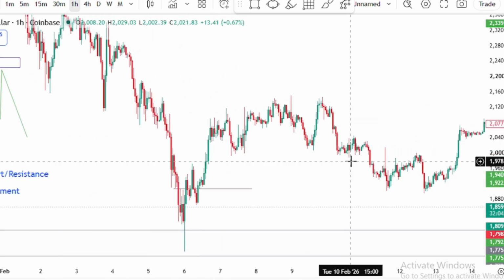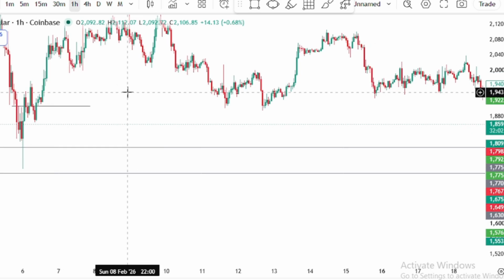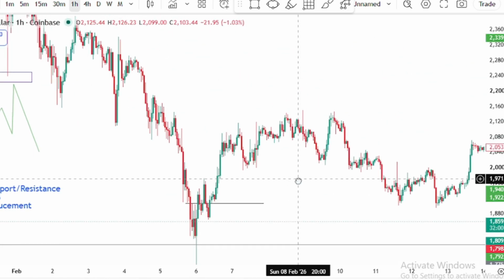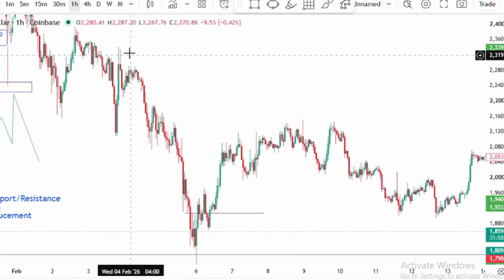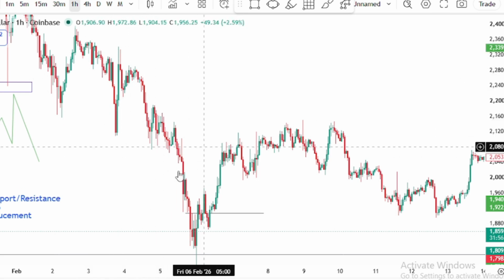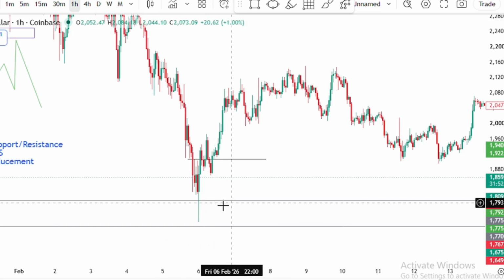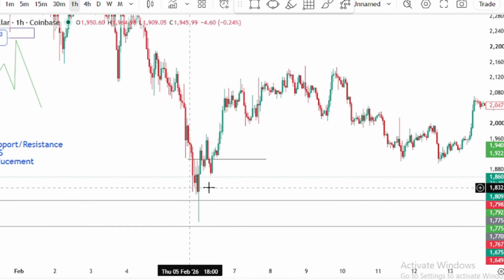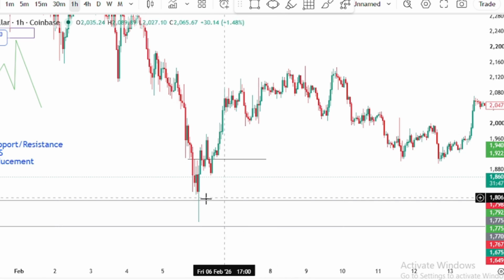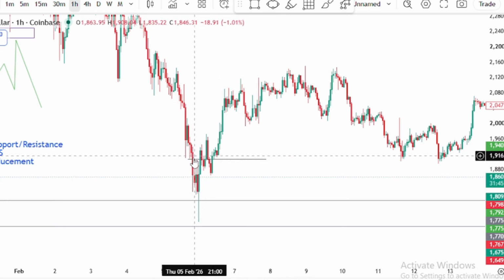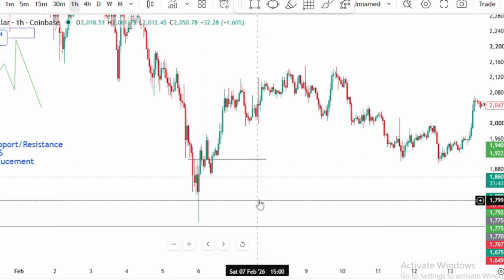So this is our chart here. We have the market making a series of lower high, lower low, lower high, lower low, till it got to the support level. When it got to this support level, if you look closely, you can see that there is a lower high here before this lower low.